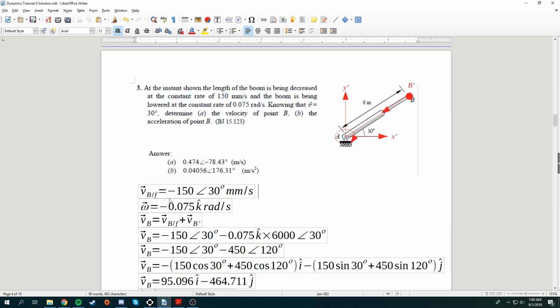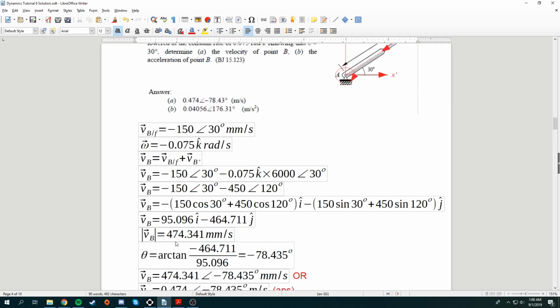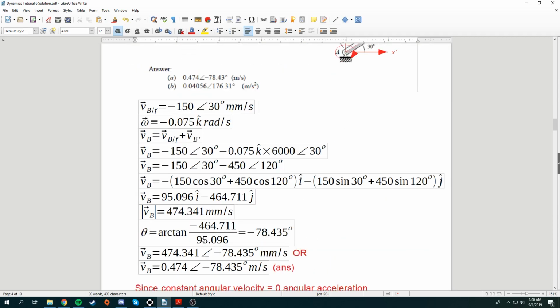So VB equals VB from F plus VB prime, and VB prime is just omega crossed with the position vector, and this is what we get. Very simply, we can find out that the velocity vector is this. So the velocity of B is 0.474 in a negative 78.435 degree direction.